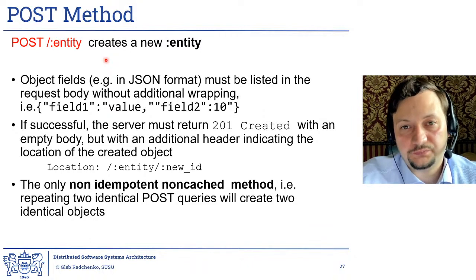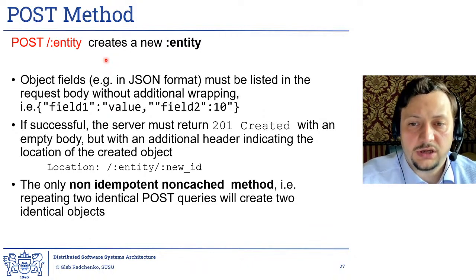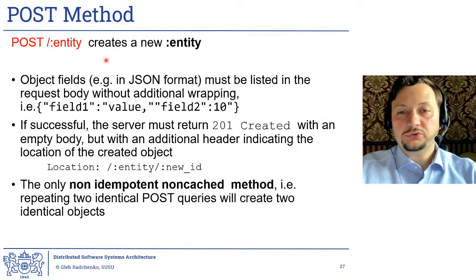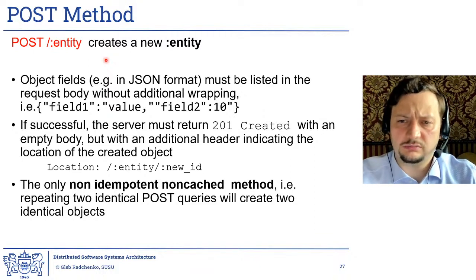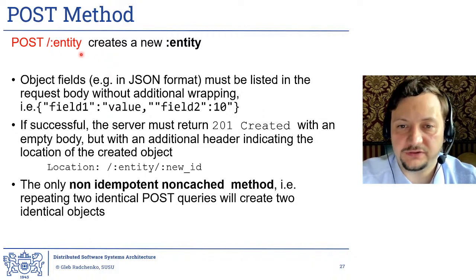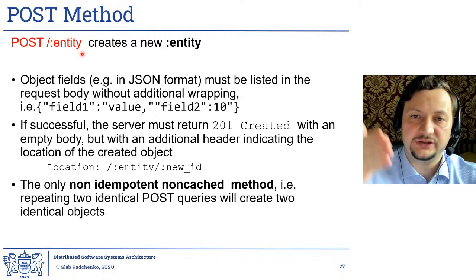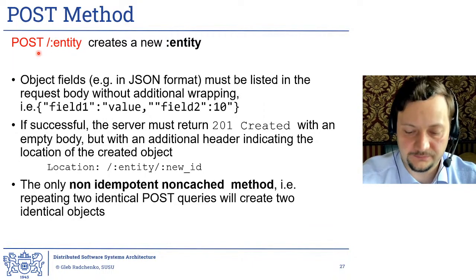POST method. It creates a new entity. Compared to the PUT method, it is almost the same, but the POST method would automatically create a new object every time you call this method.